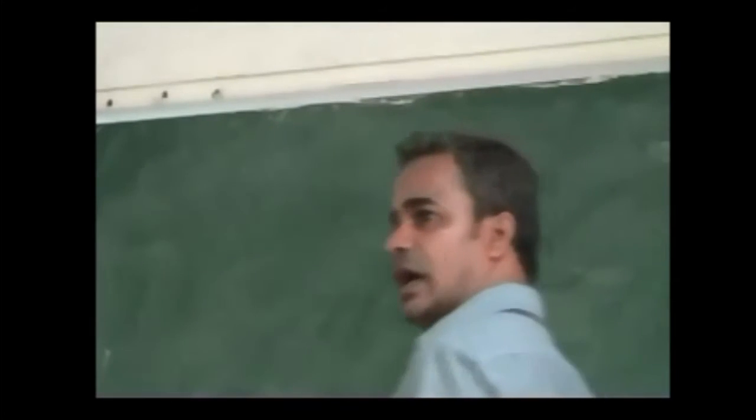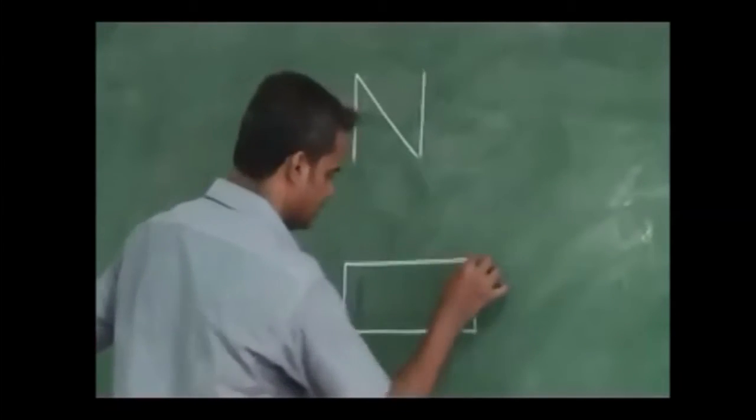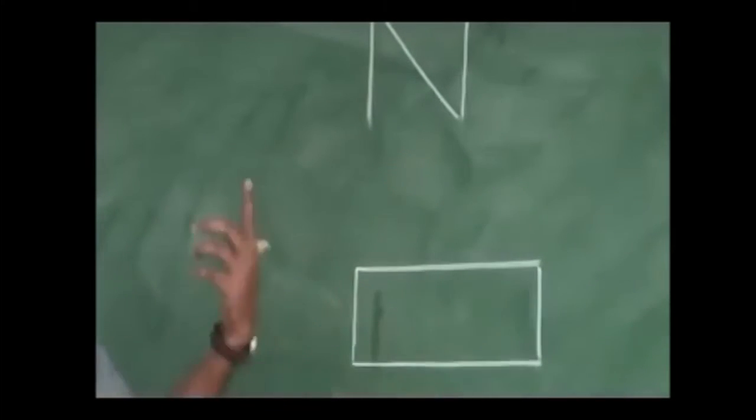Similarly, I can draw two vertical lines like this. These two vertical lines I can join with two horizontal lines like this. What you call it now is a rectangle. Right? It is a geometry. This is a letter in English. This is a geometry in engineering graphics.